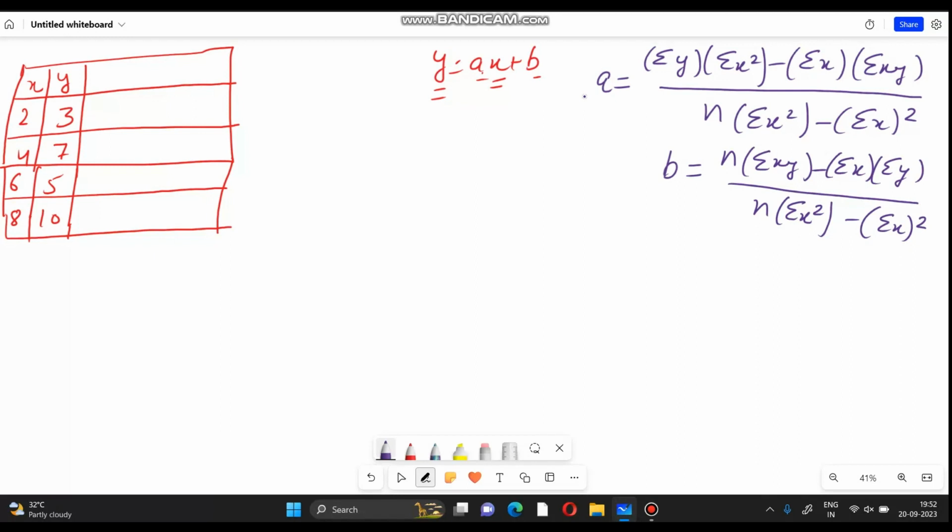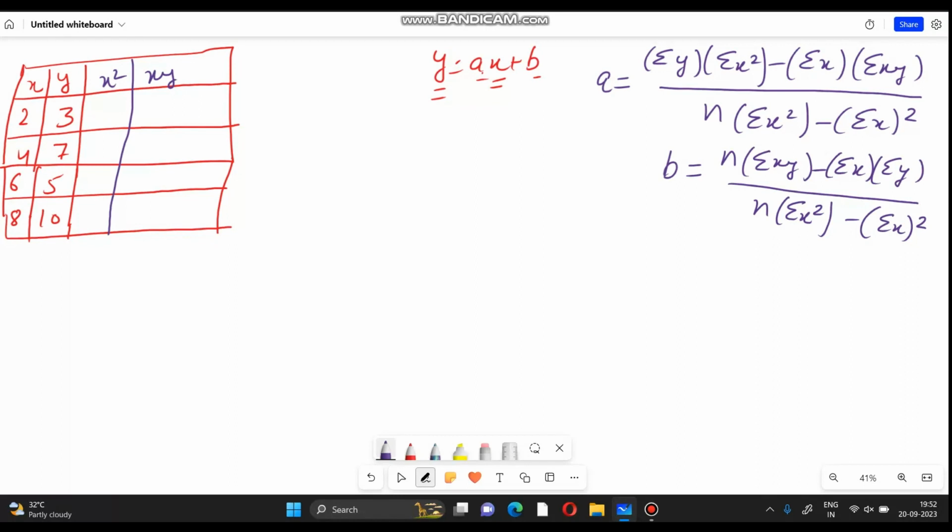Now we need the summation of all the y values, the summation of x square, and the summation of the product xy. Here we need to calculate x square also, because we need it in the formula. So let's put all this in a table. We need x and y.